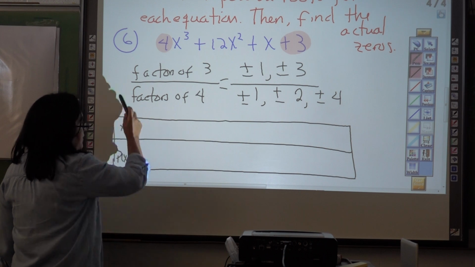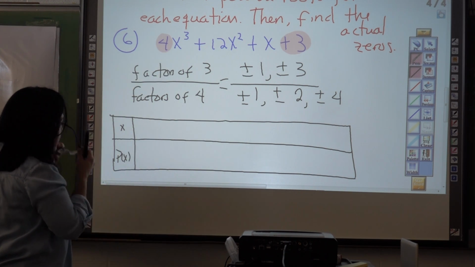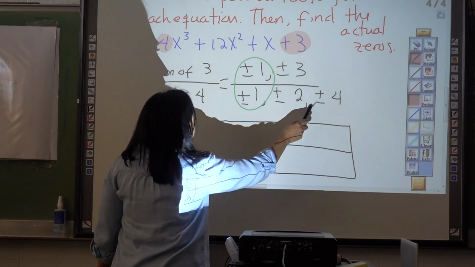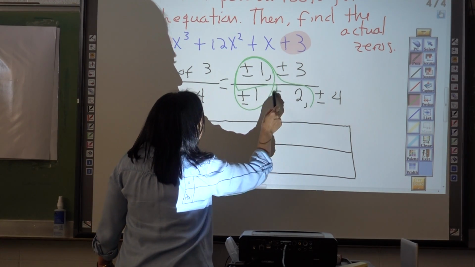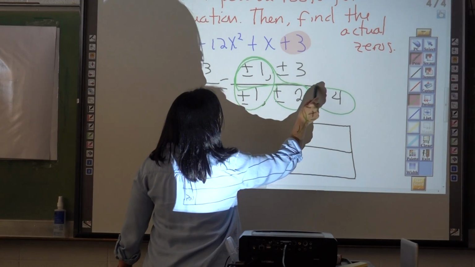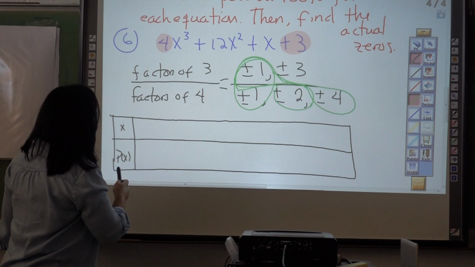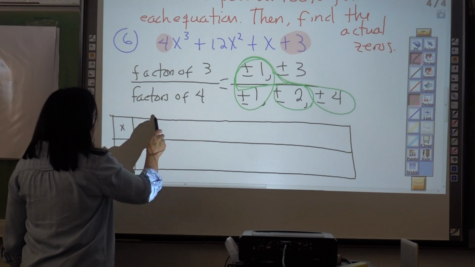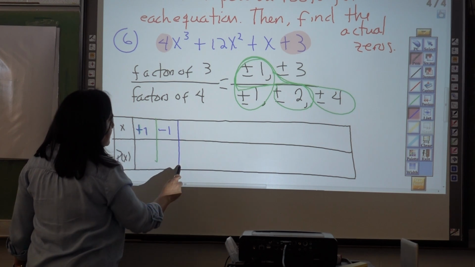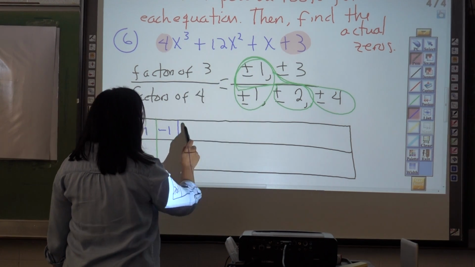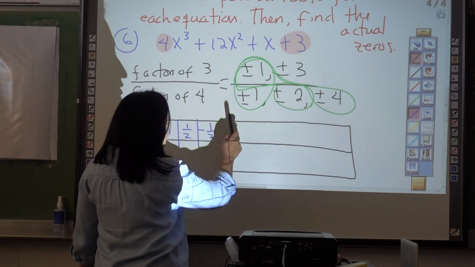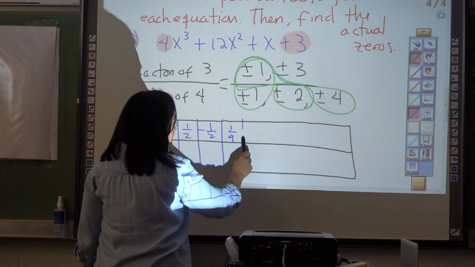We start by dividing 1 over 1, then 1 over 2, then 1 over 4. So start with positive 1, negative 1. Then positive 1/2, negative 1/2. Then positive 1/4 and negative 1/4.